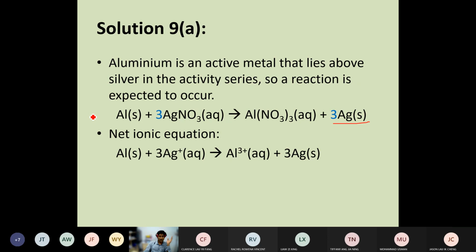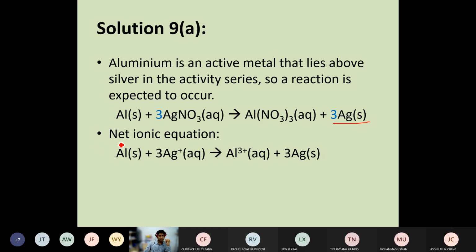Before 1880, we did not know how to purify aluminium from the earth, right? Later on we found out how to smelt aluminium, and it's easy. So in this way we can also purify silver from silver nitrate.